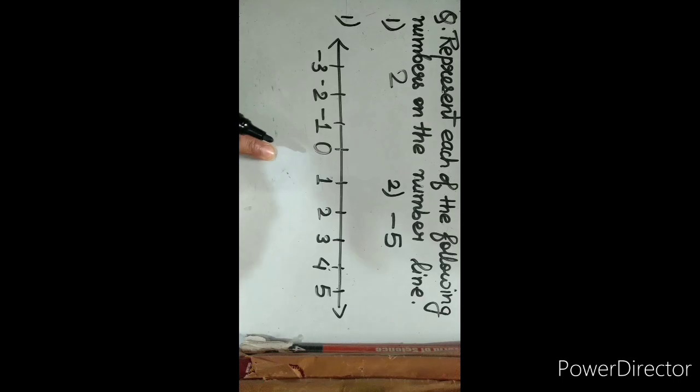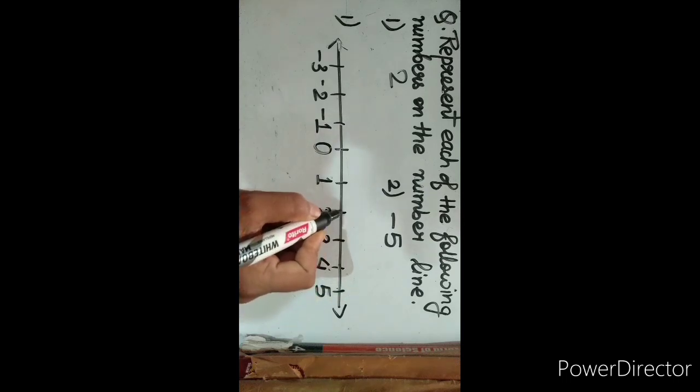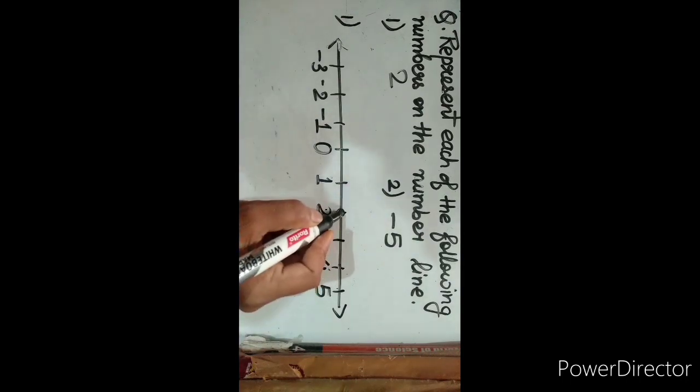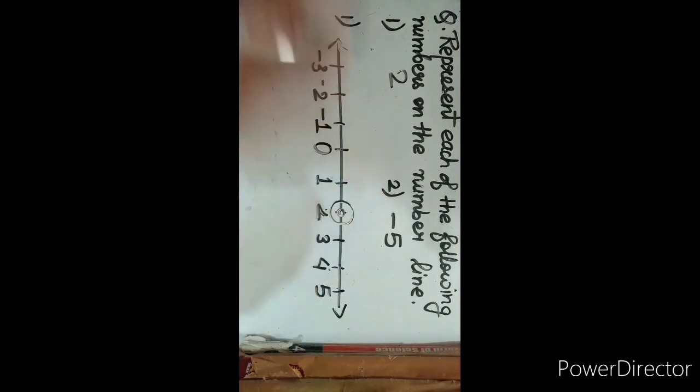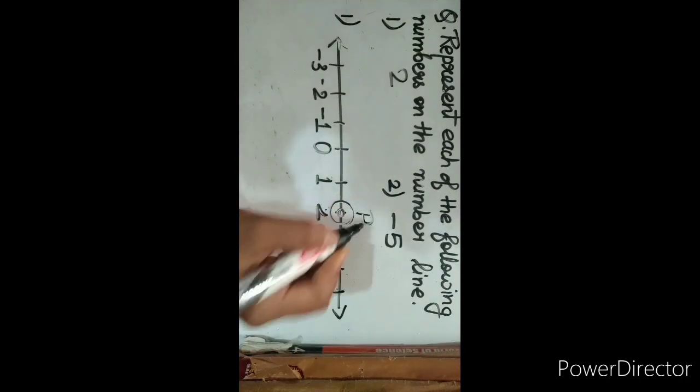All of you know this already because in class 7 I explained how to draw integers on a number line. Now, in this number line, at this point, 2 is present. So put a dot here and a circle and write down this one as point P.